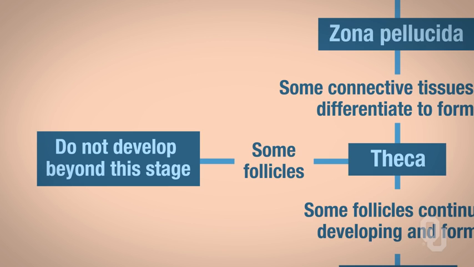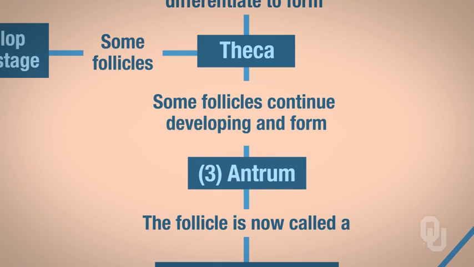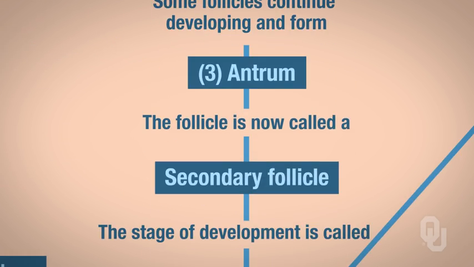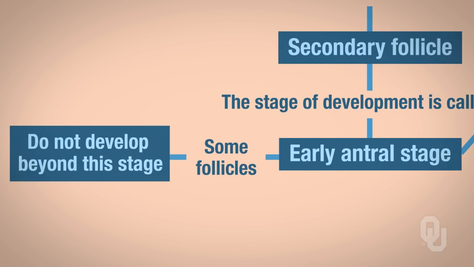Now, remember, this is happening at puberty, so we're talking about a primary oocyte per month that's going through this development. Some of your follicles will continue developing and form a fluid-filled cavity called the antrum. So this is now called a secondary follicle, and it's also called an early antral follicle or the early antral stage. Some follicles don't develop beyond this stage either.